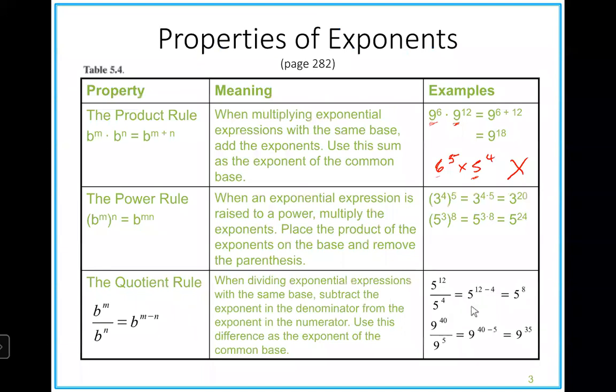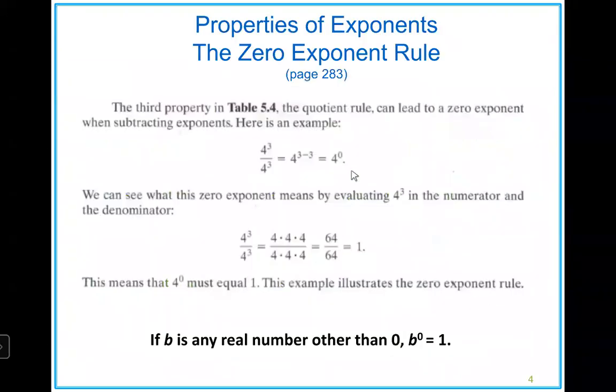In this case, we have 4 minus 5. But what about if you have a case where the powers are the same? So in this case, you have 4 to the 3rd divided by 4 to the 3rd, which gives you 4 to the 3 minus 3, which is equal to 4 to the power 0.